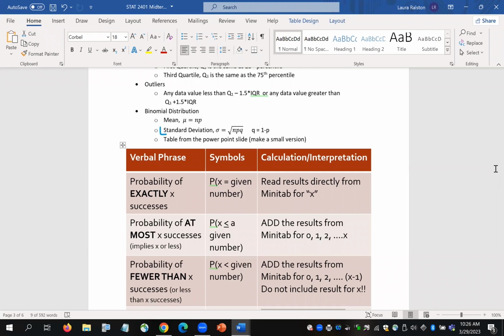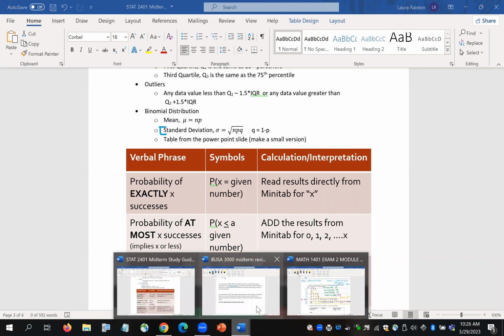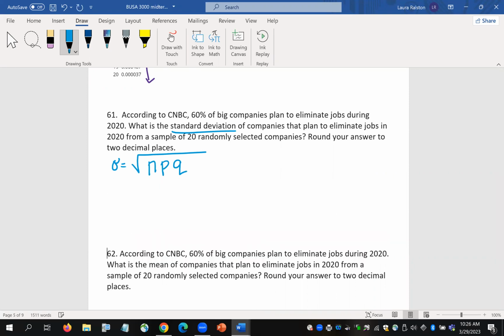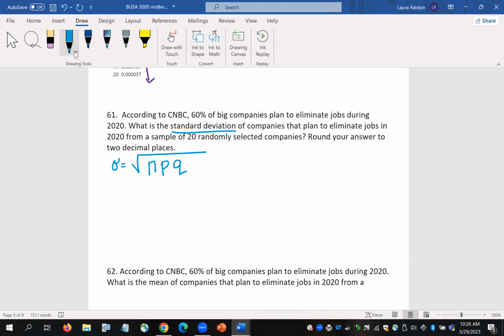See, this second one here says standard deviation. So the standard deviation formula for the binomial is the square root of n times p times q.